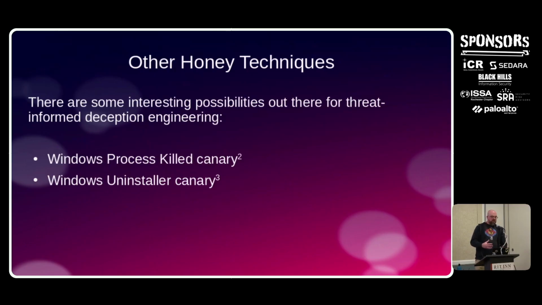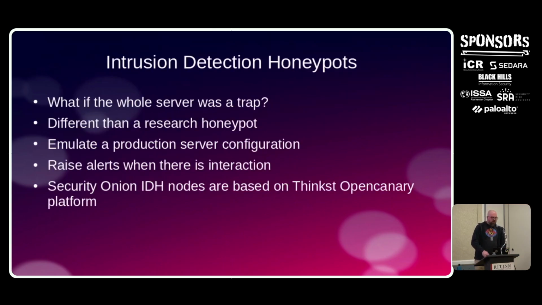One last possibility that I want to talk about is instead of using a file or using an account or using an AWS credentials file, what if we make the whole server into a trap, right? So this is what Chris wrote the book on last year, Intrusion Detection Honeypots. So the idea is we stand up an entire fake server to act as a target.